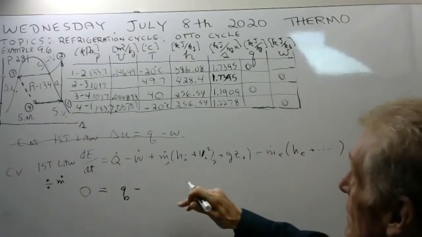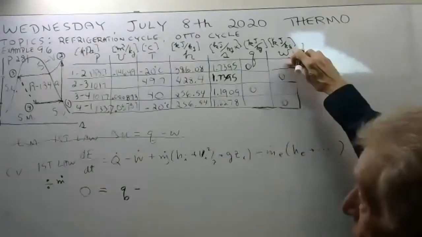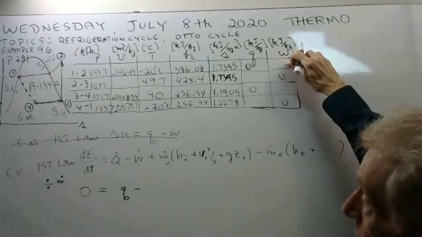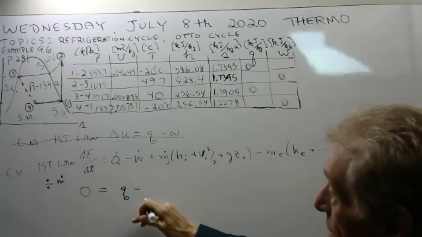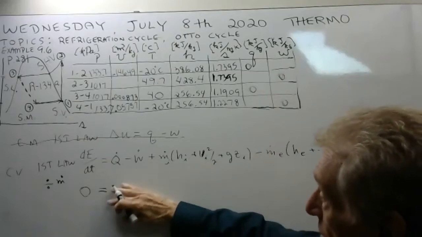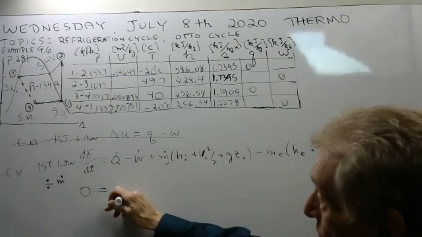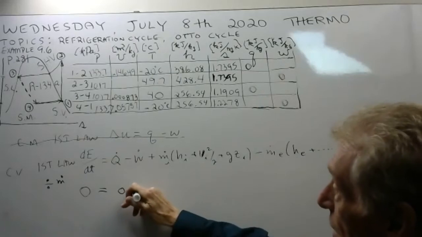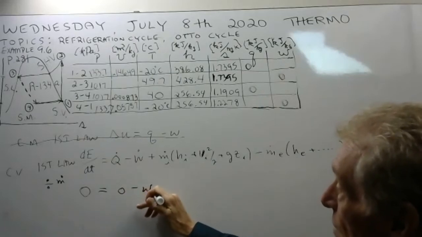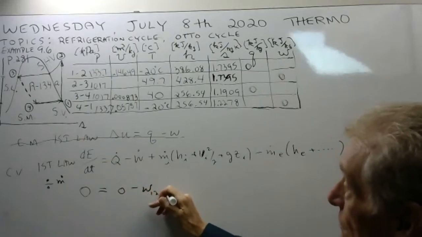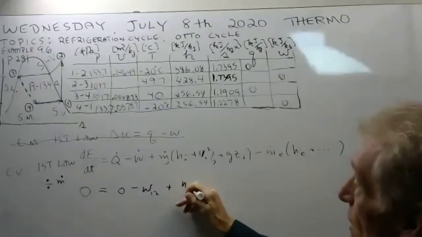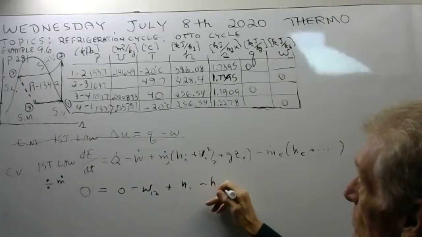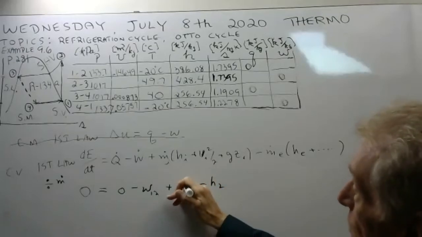And I was doing this one, guys, from 1 to 2. Remember, it's the compressor. That's for the compressor, that's 0. And this will be little w from 1 to 2. And this will be h1 minus h2. Pretty simple when you simplify it.